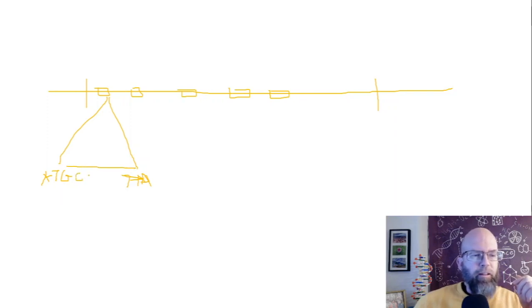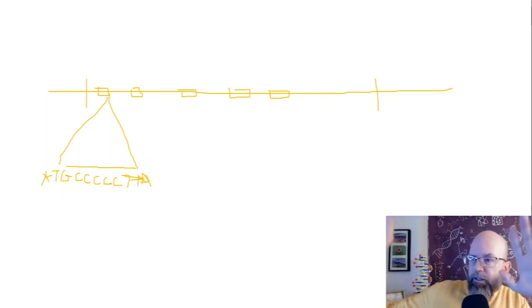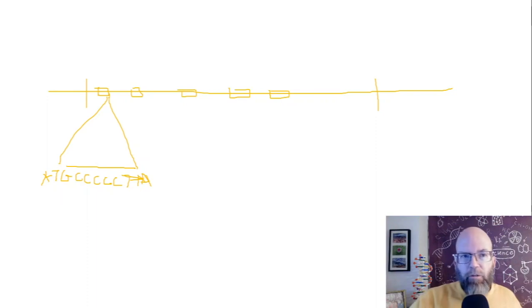It's C, C, C. I'm just doing C's because I can draw them easier. This is the start and this is the stop. And so potentially there is a gene right there, because a gene is something that codes for a protein. Whether you want to say the protein has function or not, a sequence that codes for a protein we can call a gene. It might be a non-functional gene, but it's a gene nonetheless.